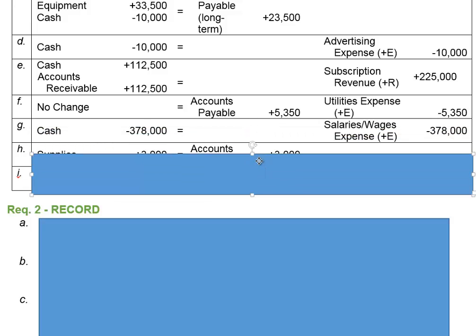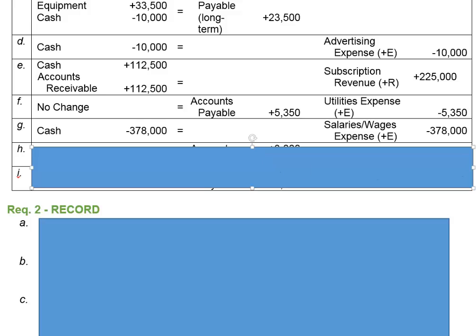If we look at the next transaction, what happens? We incurred some salaries and wages expense, and we paid them out. So what happened? We incurred $378,000 in salaries and wages expense for work that was done. So we paid out cash, so cash is going down and our expenses are going up. Don't forget, when expenses go up, shareholders' equity goes down. So therefore, our accounting equation is in balance.